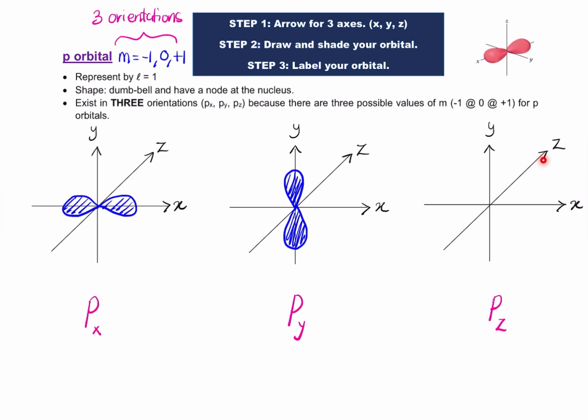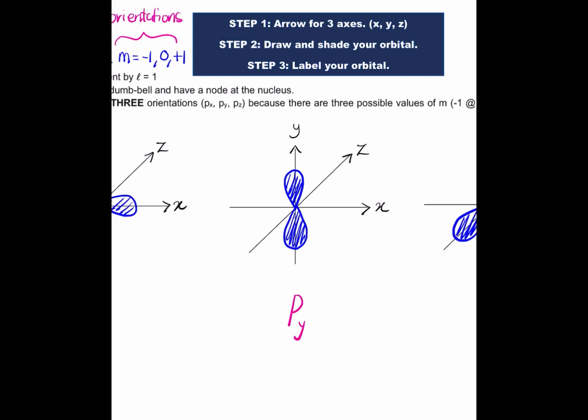The z-axis is here, so I'm going to draw from the center, same size for my loops. You can see this is pz. So this is how you draw the 3 different orientations for the 3 different shapes of px, py, and pz. And then don't forget to label your orbital.